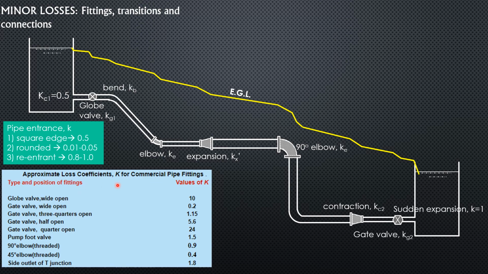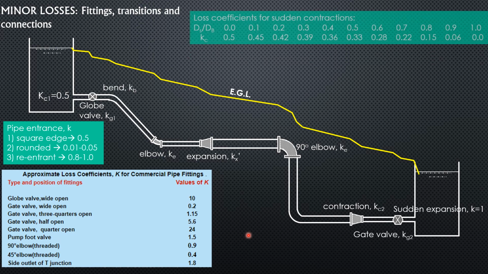So here are the approximate loss coefficients K for commercial pipe fittings, by type and position of fittings, with the values of K. I will not explain that anymore because it will be provided in the problem.